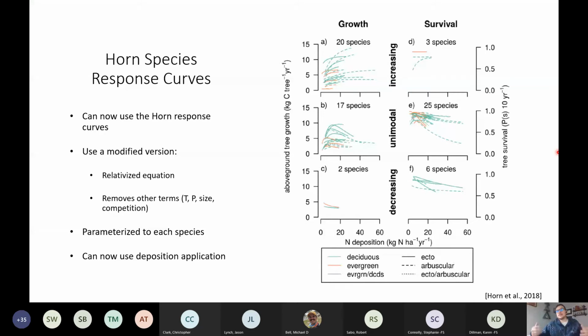So it allows us to remove other effects such as temperature, pressure, size, and competition terms so that we can really just hone in on just the nitrogen and sulfur deposition. There are some parameters that are individual to each species, and so those are also used within that response curve calculation. So we've walked through all the data that we need to make these types of assessments, and so we're going to hop into the case study at this point.